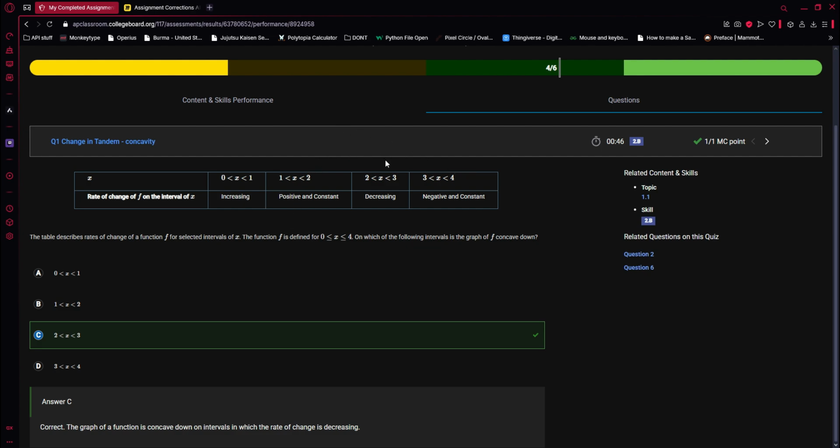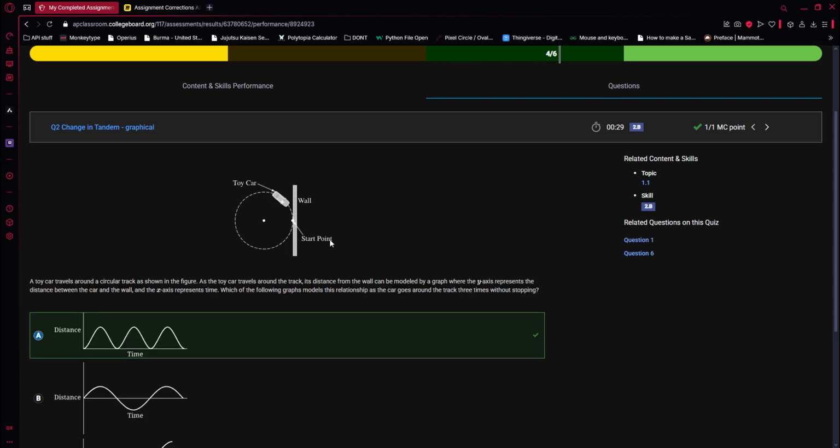Rate of change decreasing, that's concave down. There is no other option that says decreasing rate of change other than this interval right here. That is the only one that makes it concave down, making it this interval that matches up, right? Very simple question.